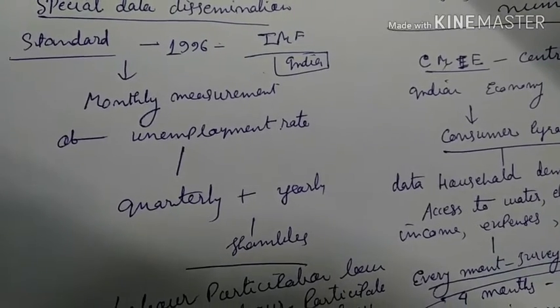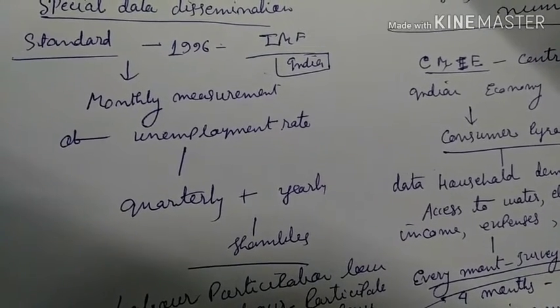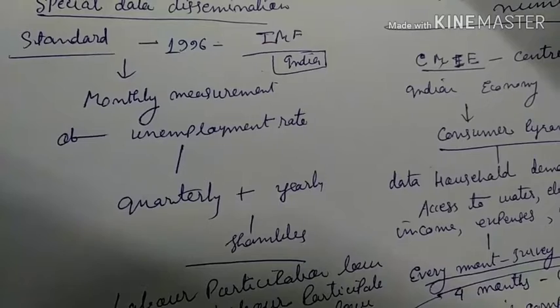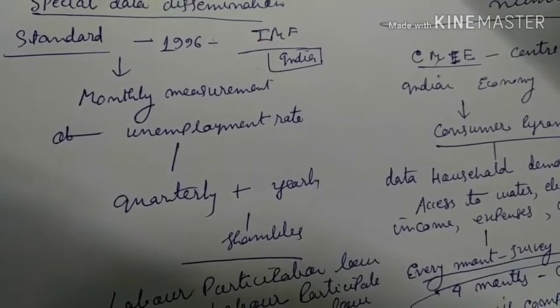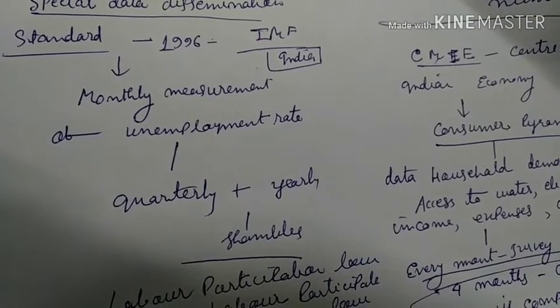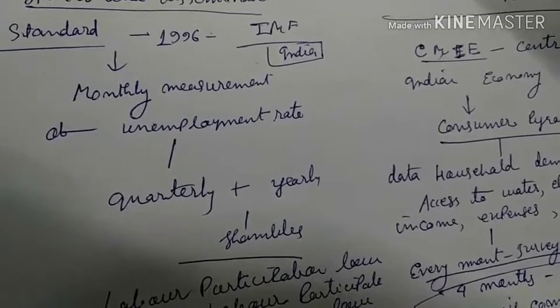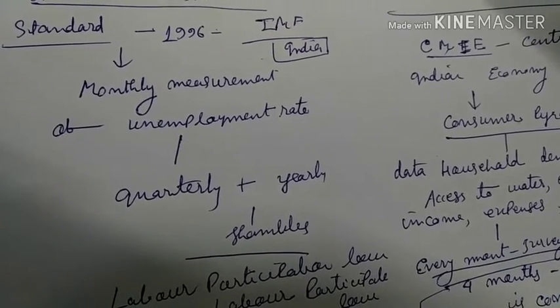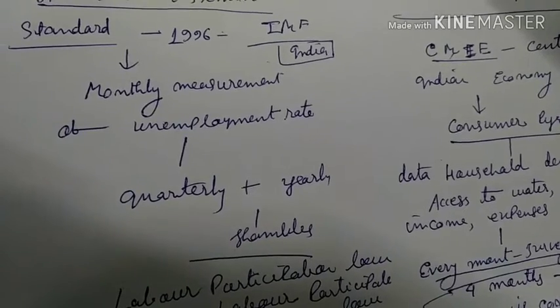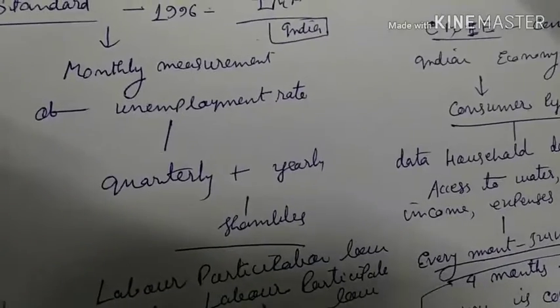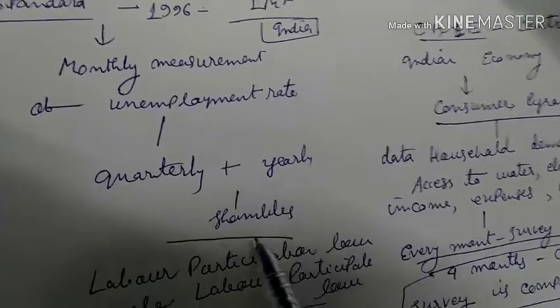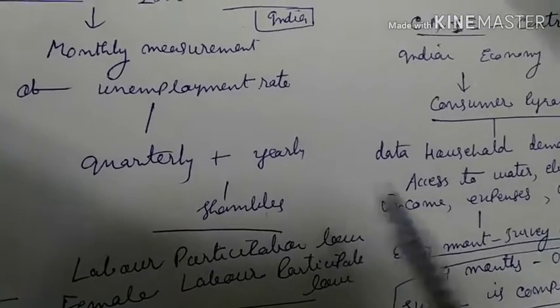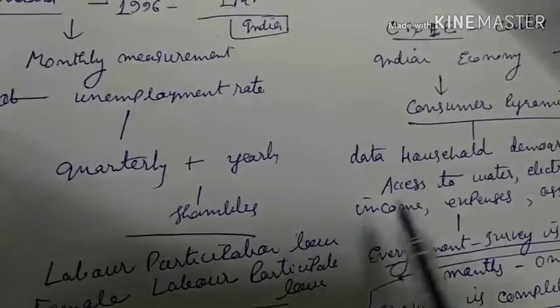Its purpose is to set some standards that one country has to maintain regarding revelation of its data to the public, and it requires monthly measurement of the unemployment rate, which India has not done efficiently, because India's unemployment data is revealed quarterly and yearly. That is too in shambles. That means that it is not in a good condition.